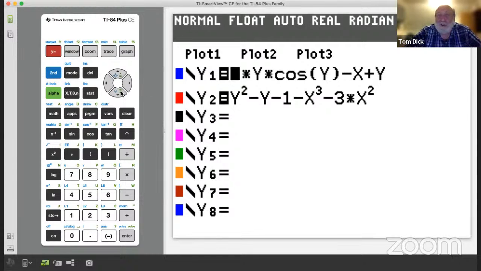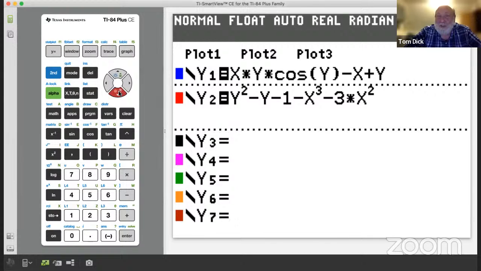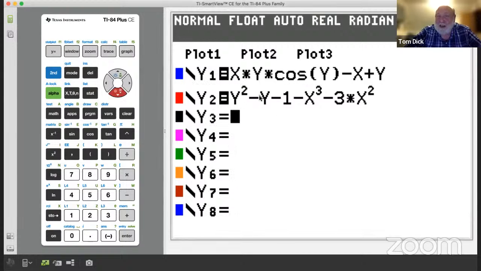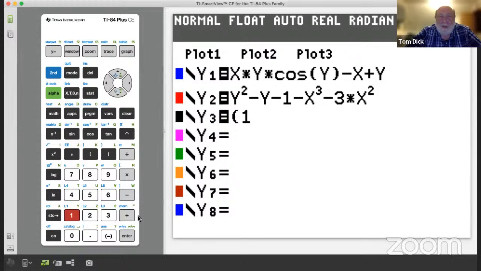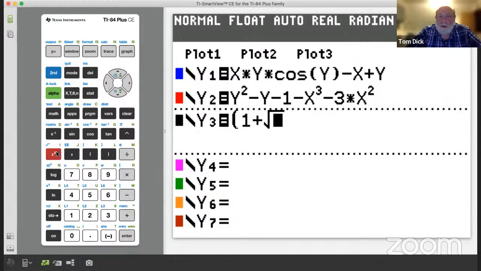And so if I use the quadratic formula, I'm going to go down to y3. Let's see, b is negative 1, so minus b would just be 1. Let me get a parenthesis here. And then it's going to be plus or minus, so I'll put in a plus, square root of b squared, which is minus 1 squared, 1, minus 4ac.